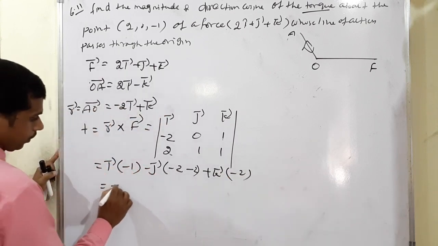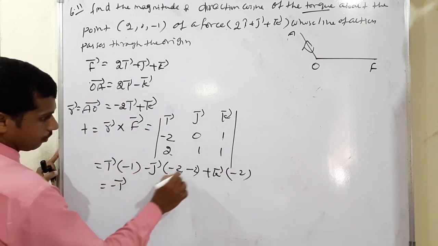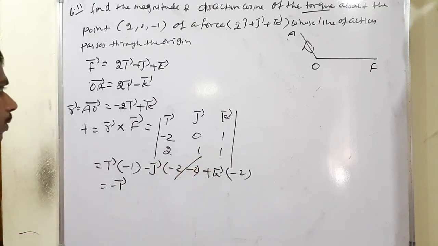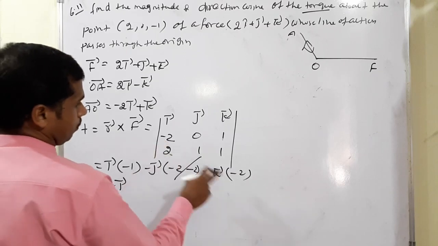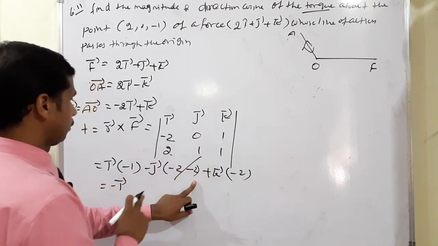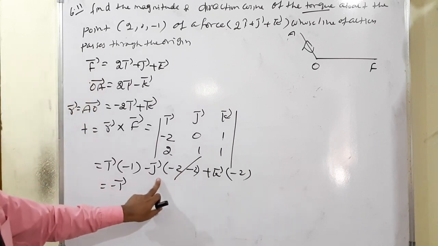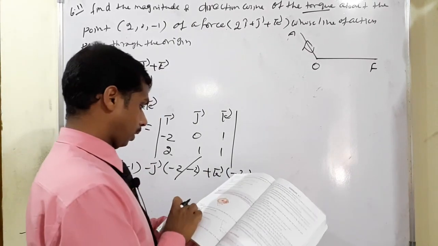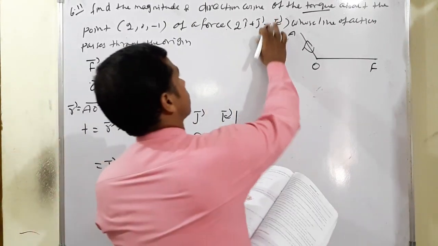Again, minus 1 into i, minus i vector. This is cancelled. Minus 2, minus 2 means definitely... look at there, minus 2 into 1, minus 2. Sorry, my dear, this is in your book question clearly: 2i plus j minus k.